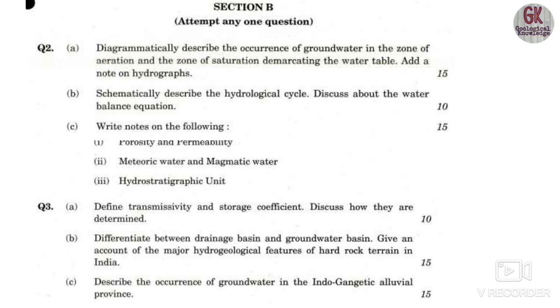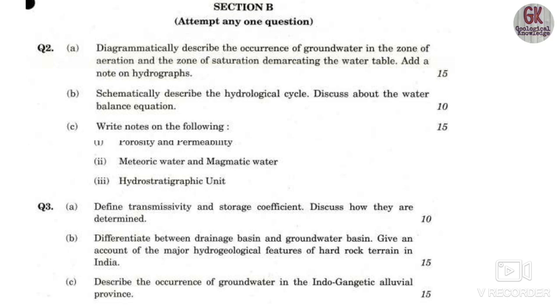Give an account of the major hydrological features of the hard rock terrains in India, that we have to write down.